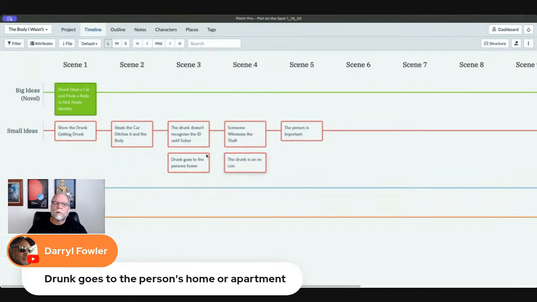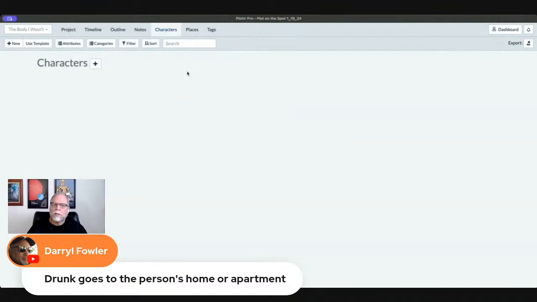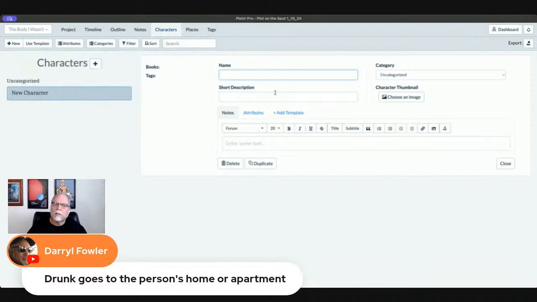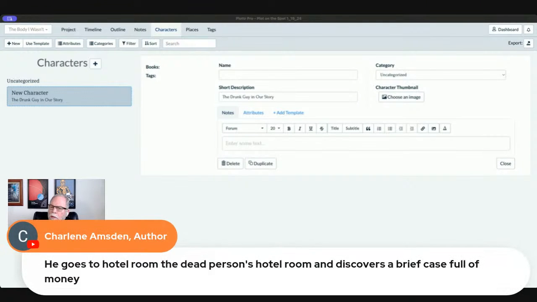So we're focused a lot on the drunk right now. So what is our drunk guy's name going to be? Quick ideas for a name. Oh, and I like this. Goes to the dead person's hotel room and discovers a briefcase full of money.